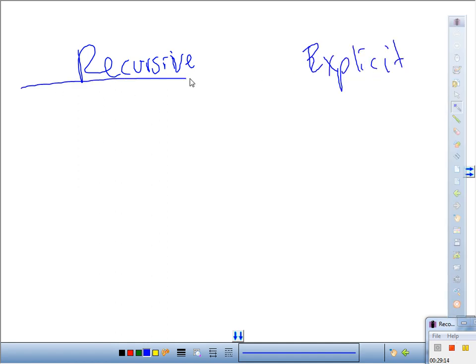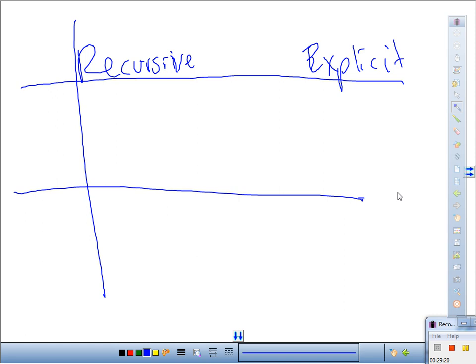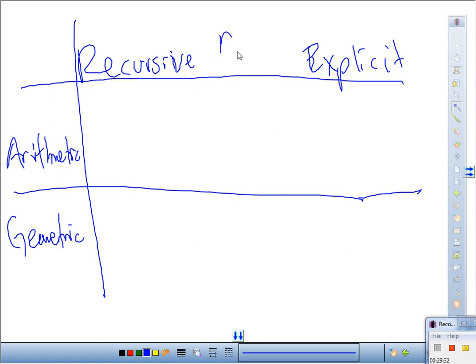Now, those of you that have been coming to tutoring with me, we did a memory practice for these. Remember these? Arithmetic, geometric. And right now we're going to assume, like the sequence that I gave you, that n is greater than or equal to 1. All right. So let's see. Recursive.